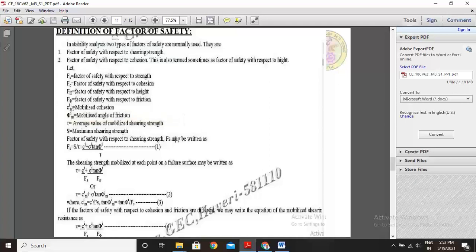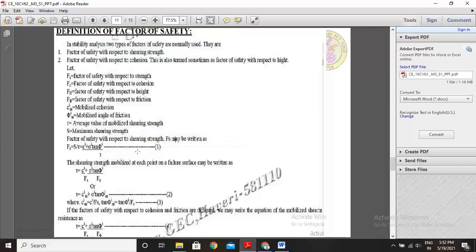Cm dash is the mobilized cohesion in kilonewton per meter square. Phi m dash is the mobilized angle of internal friction in degrees. Tau is the average value of mobilized shearing strength in kilonewton per meter square. S is the maximum shearing strength, also expressed in kilonewton per meter square.